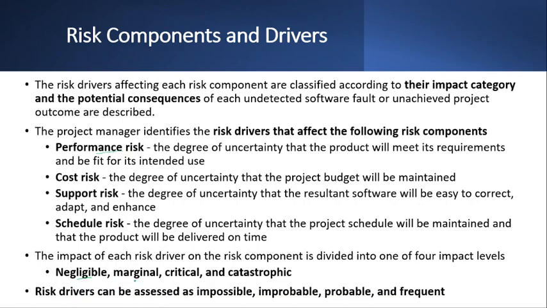So start from negligible, marginal, critical, and catastrophic. These are the impact levels, which show which one is the most critical, so that we can give a different priority to the risk.